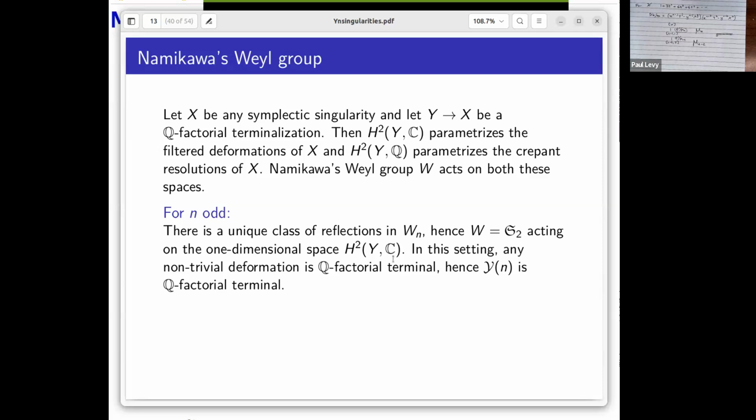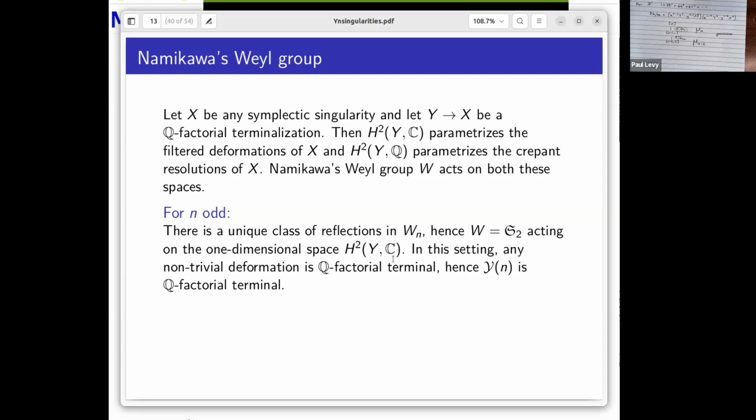In the space H^2(Y, C), in general you have these hyperplanes, and if a parameter lands on a hyperplane, those deformations are not going to be Q-factorial terminal. But when you have a one-dimensional space, there are no hyperplanes except for 0.